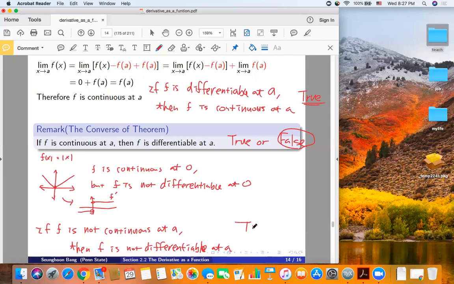This statement is always true by using contraposition, some logic. So we have it. So was it like a function f is not differentiable?